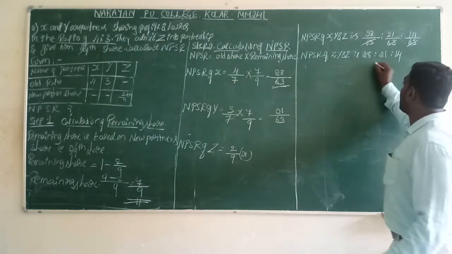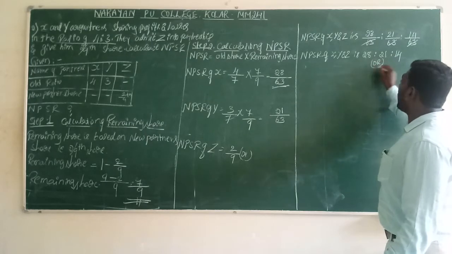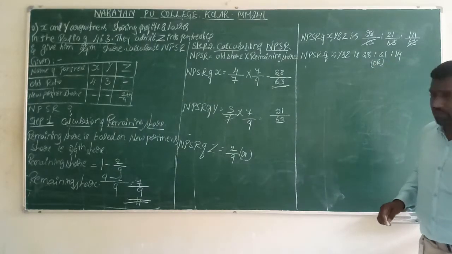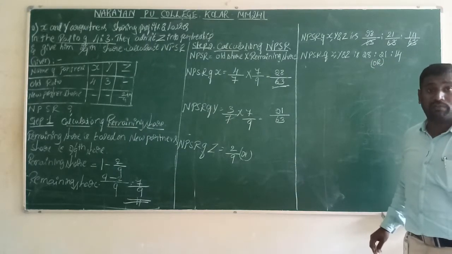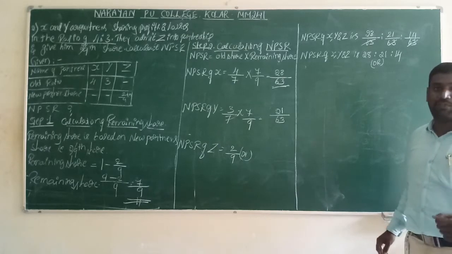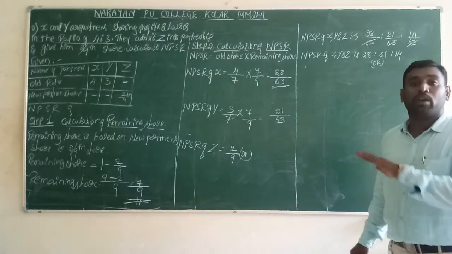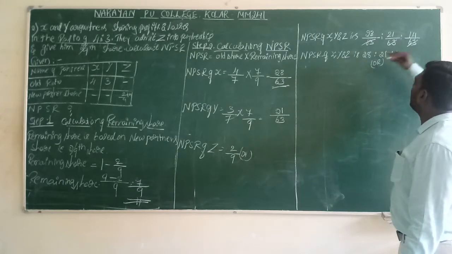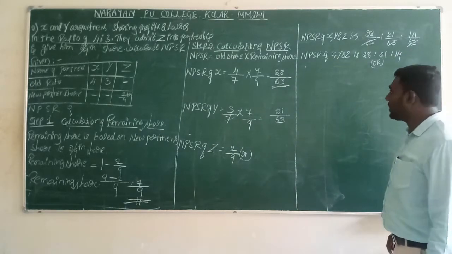If the values are divisible, we should simplify them. If they are divisible, we simplify; if not divisible, we don't need to simplify and we keep it as the new profit sharing ratio.